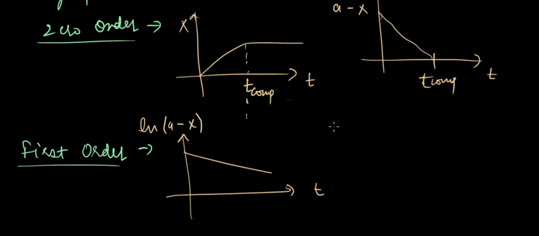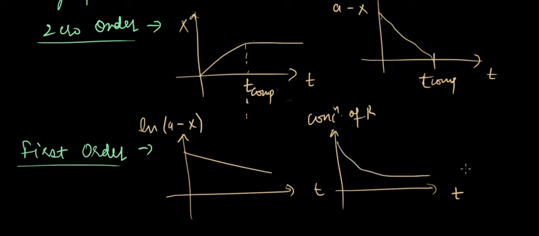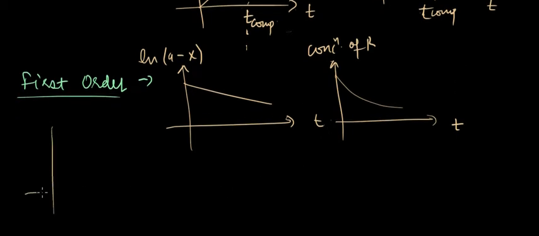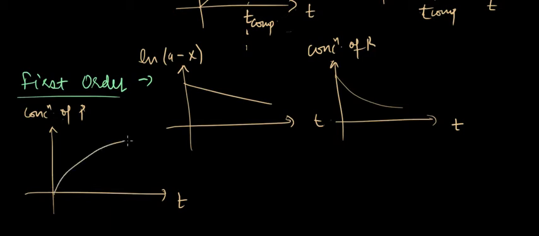Or we can also have the concentration of reactant with time decreasing, and the nature would be something like this. Or if we have a graph where the concentration of product with time is increasing, again with a curve like this, then it would be a first order reaction.